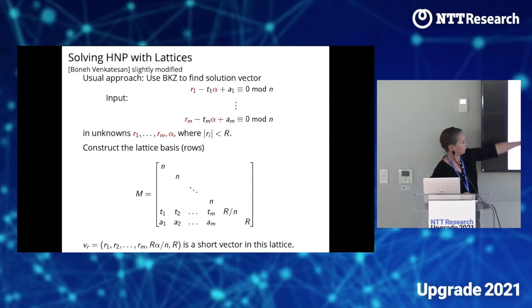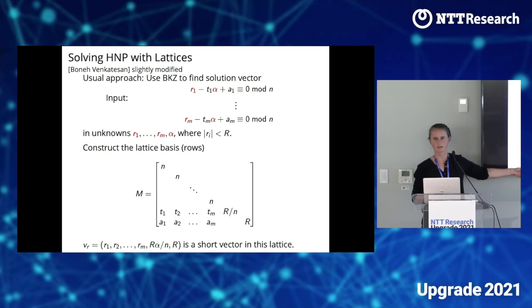We have row vectors here, and somehow this is getting cut off. Oh well. We have a target vector that we hope to find, which contains our solution. We know by construction that this is a short vector in this lattice, and we hope that it is the shortest vector, so it would be easy to find by using some lattice reduction algorithm like, say, BKZ.